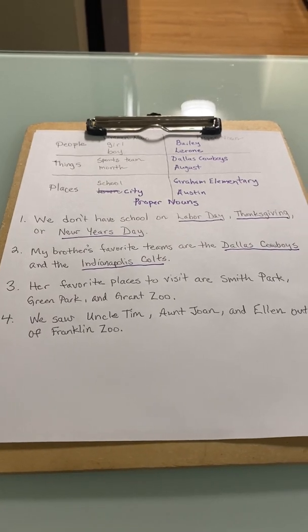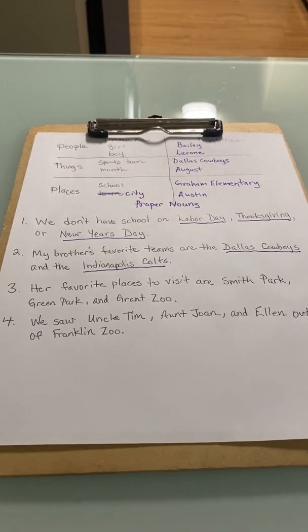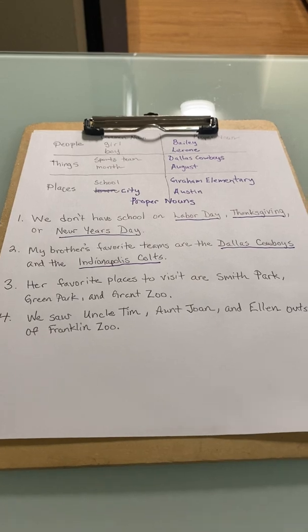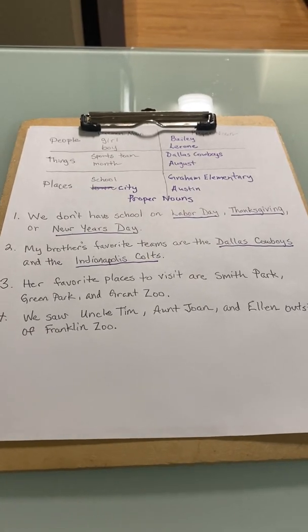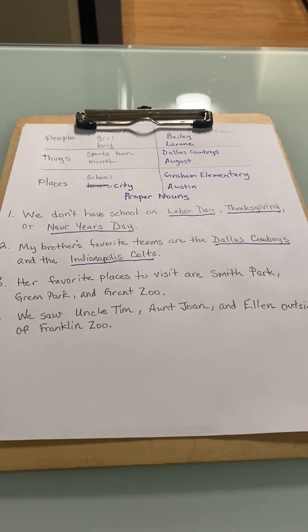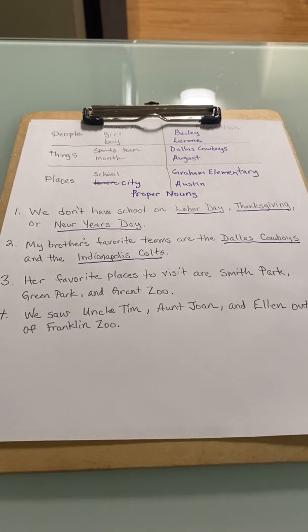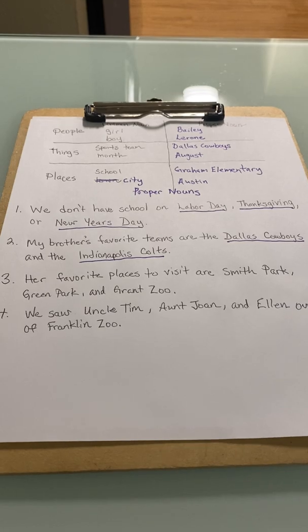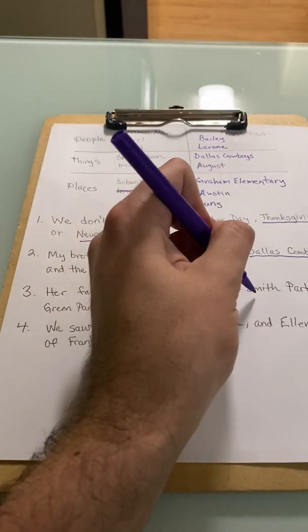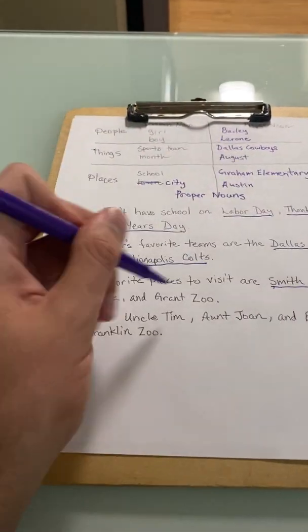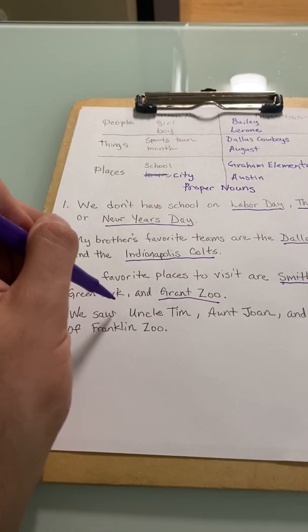Her favorite places to visit are Smith Park, Green Park, and Grant Zoo. Let's see. Smith Park is the name of the place, or a place. So is Green Park, and so is Grant Zoo. So these are your proper nouns right here.